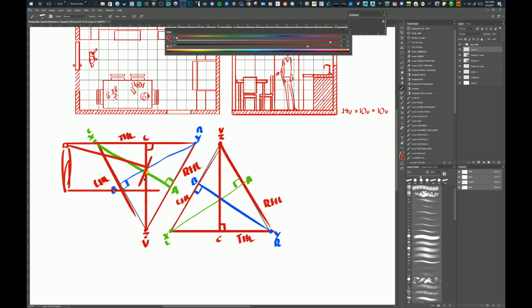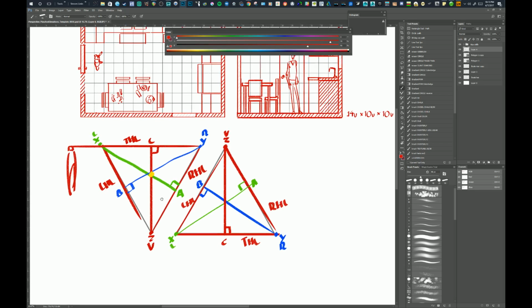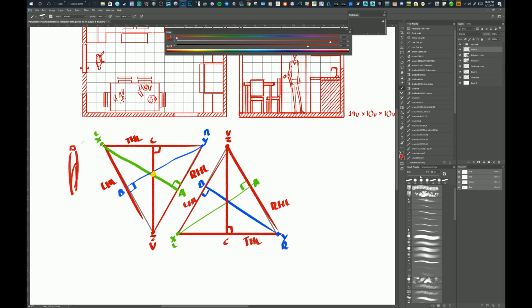It's always perpendicular to the line of sight, and it always meets the picture plane at the center of vision. The only difference is that the horizon is still parallel to the ground that the character is standing on. We're just looking in a different direction now. So I'll leave this guy here, just so you guys can see.